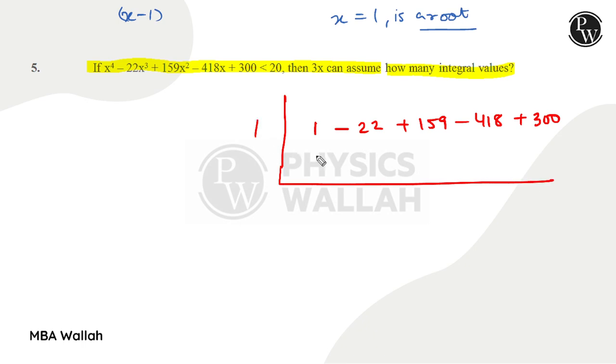I'll write 1. The first term will come as it is. So 1 times 1 is 1, and this is going to be minus 21. 159 minus 21 is 138. I'll just multiply 138.